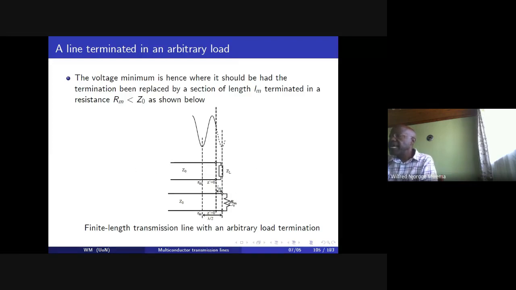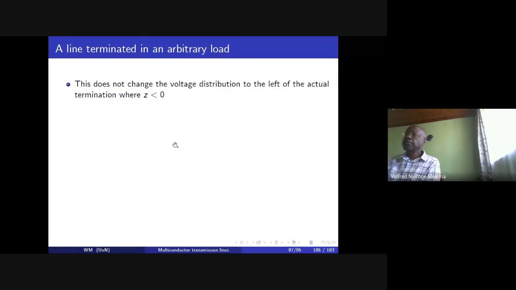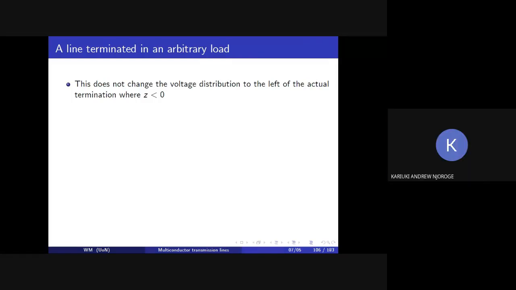Then we forget about ZL, but use Rm. When we look into the line section Lm towards the terminating Rm, we should get an input impedance exactly equal to the ZL that we are using to terminate the actual line. So that's what this whole thing means. This will not change the voltage distribution. Yes.